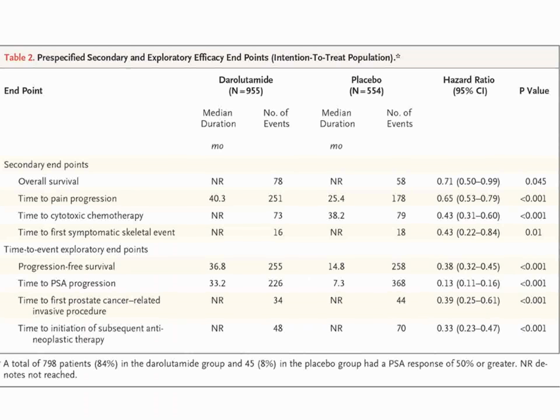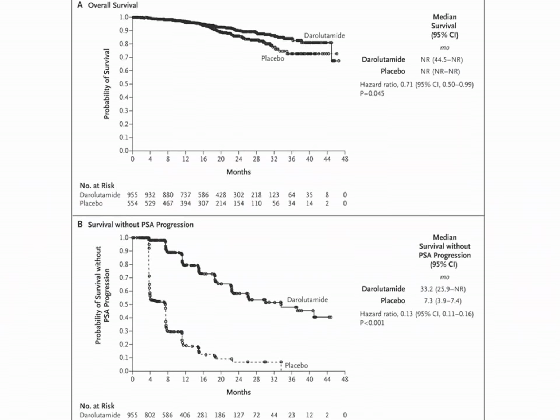And if we look at this forest plot, all sorts of various subgroups also seem to profit to a similar degree. And secondary endpoints are shown here. Overall survival was statistically significant. Time to cytotoxic chemotherapies. There are other therapies that are applied for metastatic prostate cancer. Time to PSA progression, progression-free survival, all of these endpoints were better.